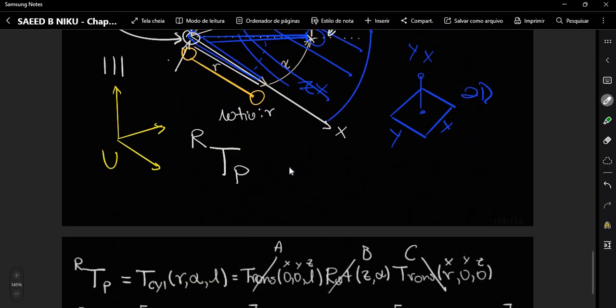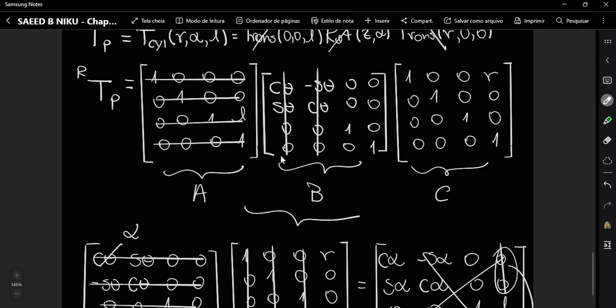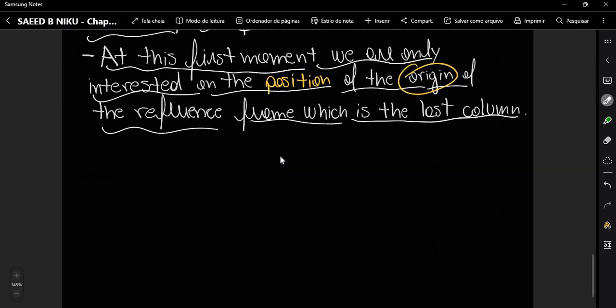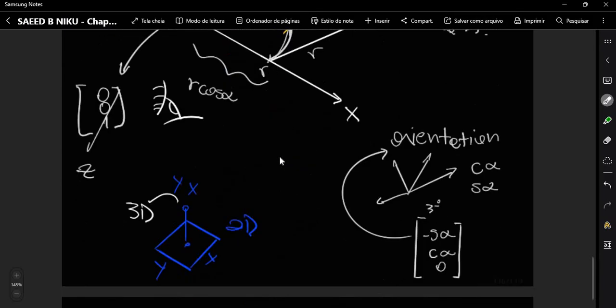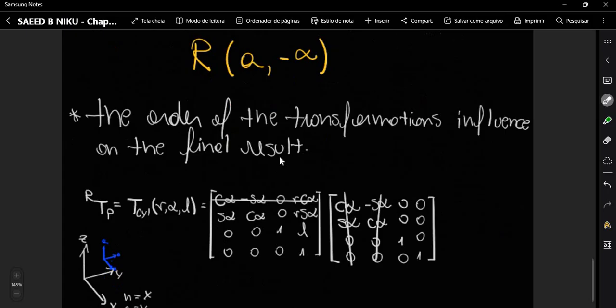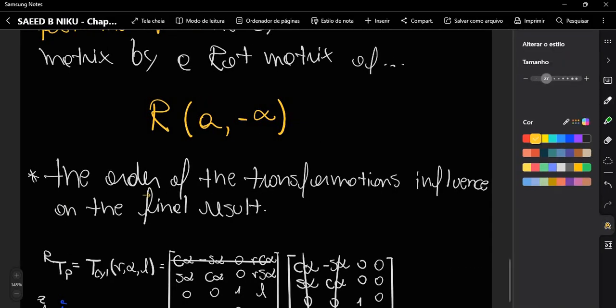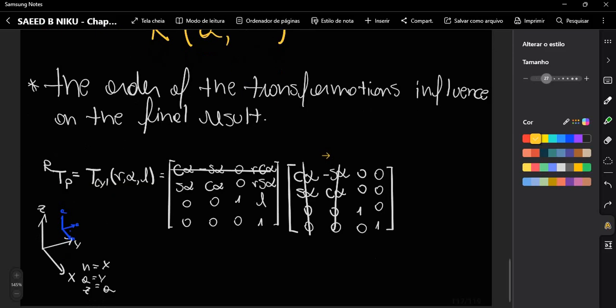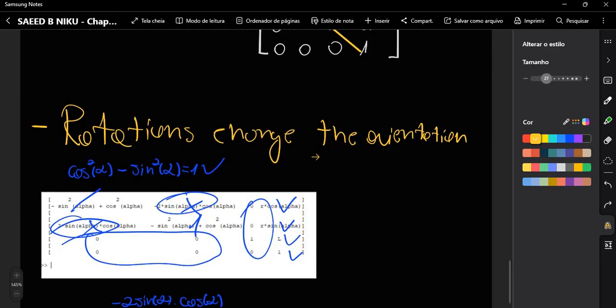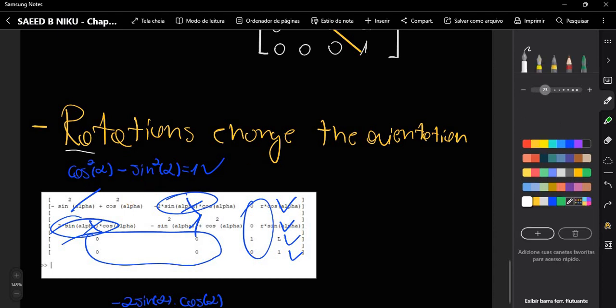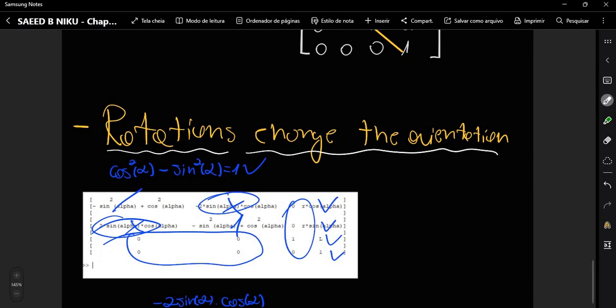And I wrote something which is very important as well, about the orientation. Rotations change the orientation.